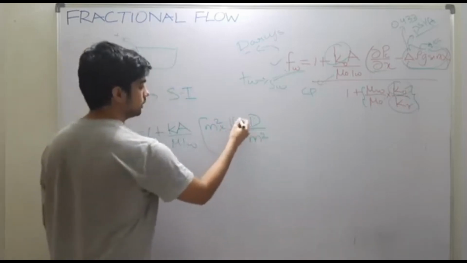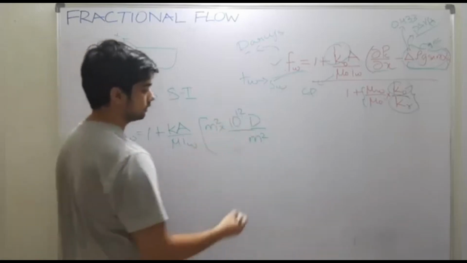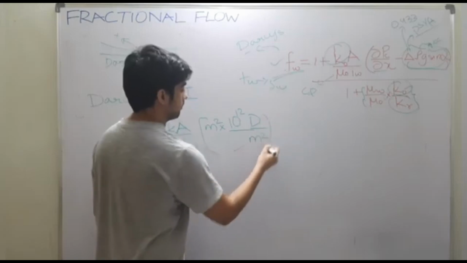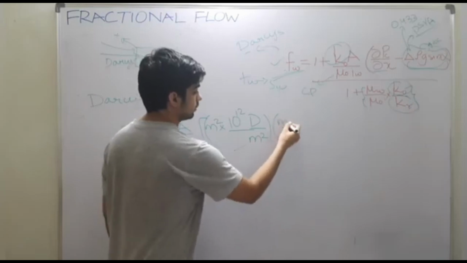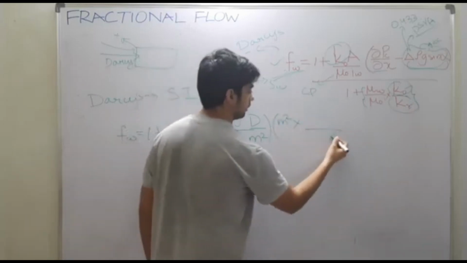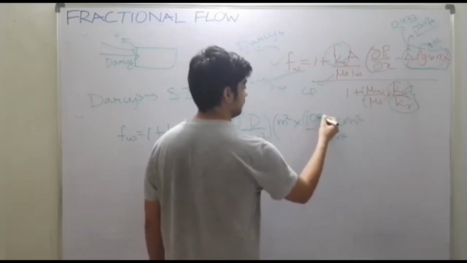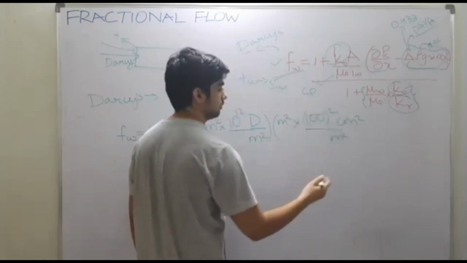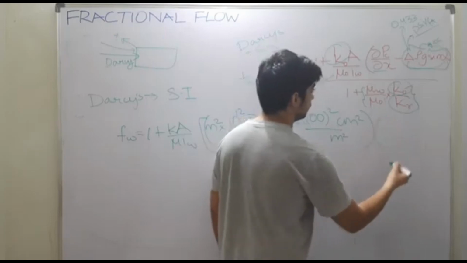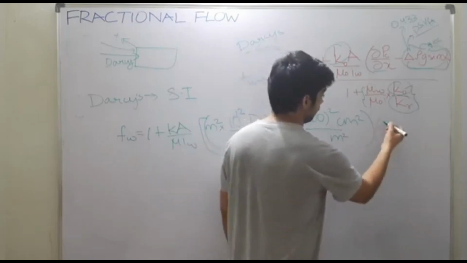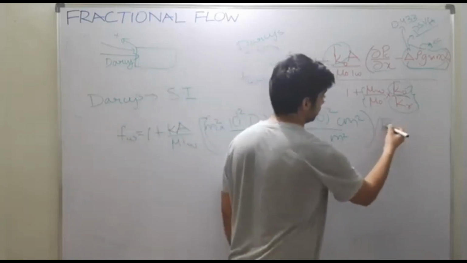So 1 meter square has roughly 10 to the power 12 Darcy's. If we talk about the area, there will be meter square again. And if we talk about the pressure, in SI unit it is in Pascal.